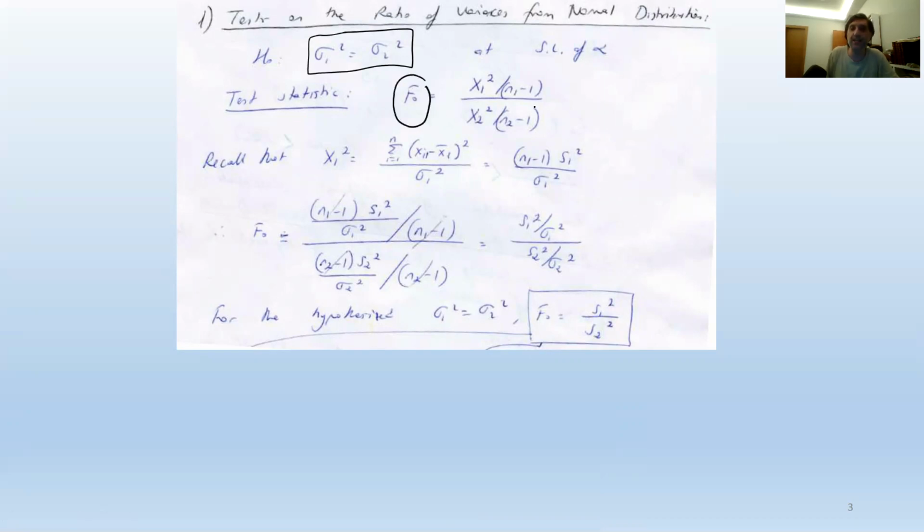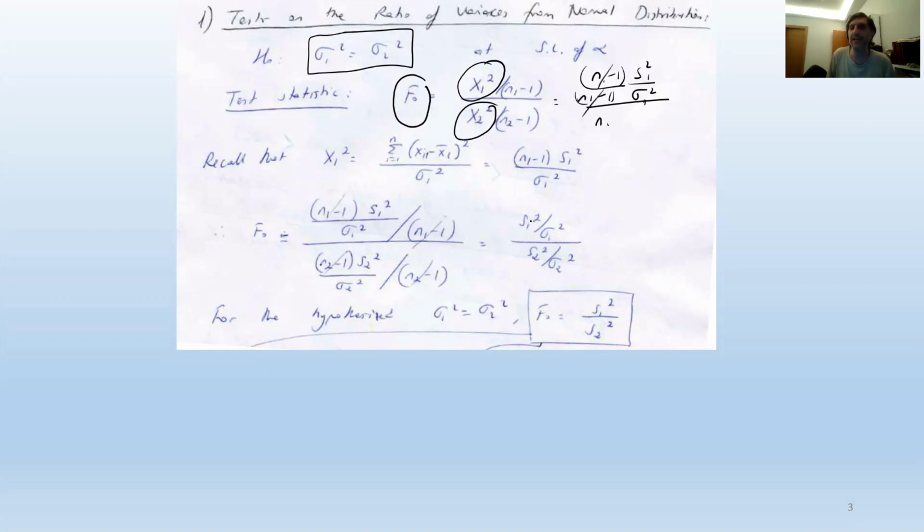F0 is equal to a chi-square random variable from the first sample and a second chi-square random variable from the second sample, each divided by their corresponding degrees of freedom. Replacing these chi-square random variables by n1 minus 1 times the sample variance of the first sample divided by the population variance of the first population, this is going to be divided by n1 minus 1.